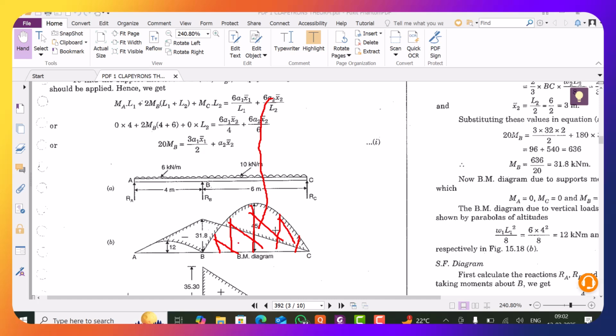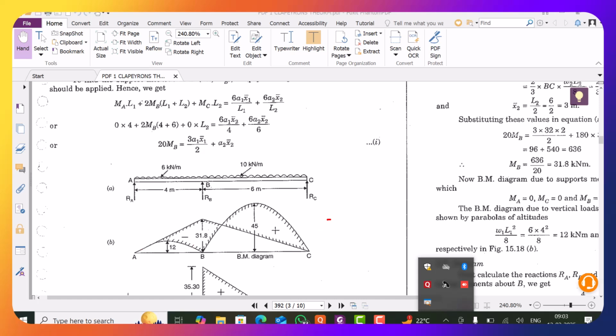So now you can easily calculate this. Don't get confused with this portion 31.8 and all. I shall explain it later on. These two bending moment diagrams and the areas under them you can calculate easily to get the values of A1 and A2. So A1 is equal to the area under this bending moment diagram.